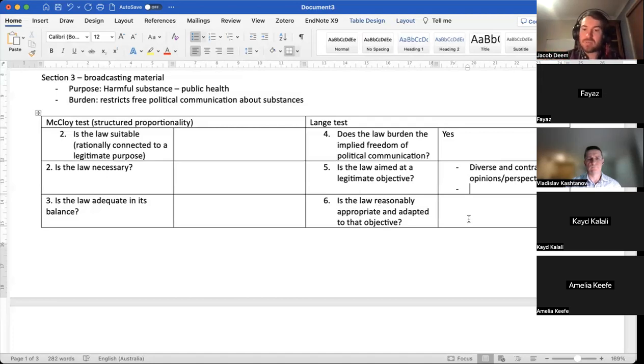But in terms of what the actual content of Section 3 does, you're taking issue with the way they've gone about it. You're saying that the exact implementation under Section 3 isn't reasonably appropriate and adapted to that objective. That's the direction you're going.